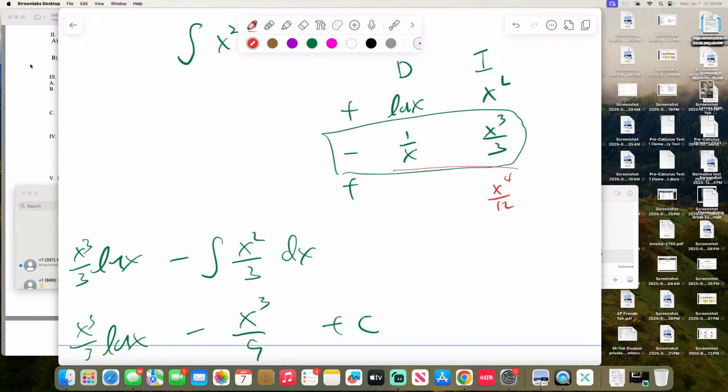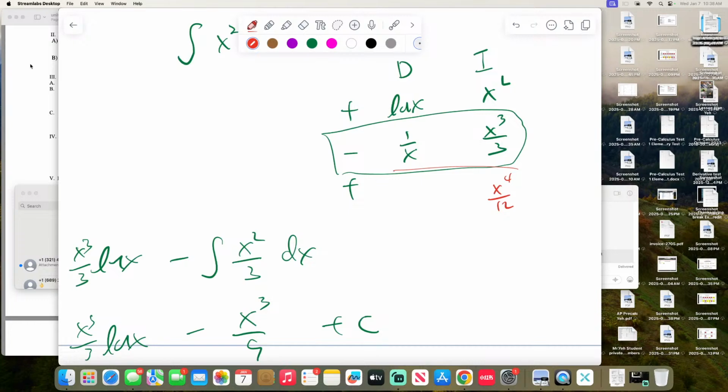However, most combinations like this, in any shape or form, and sometimes even by itself, might need it. For example, last year when I taught it, one person out of 3 classes asked me, hey, Mr. A, what's the integration of natural log of x?